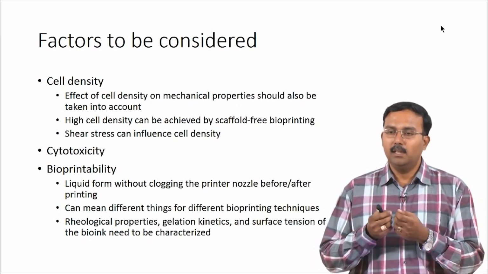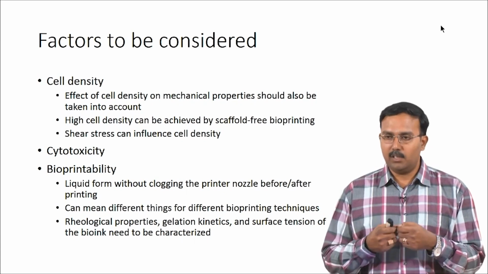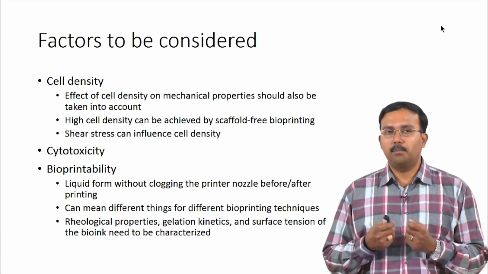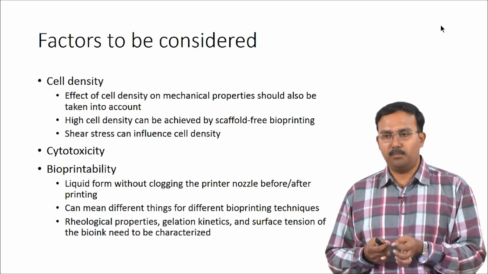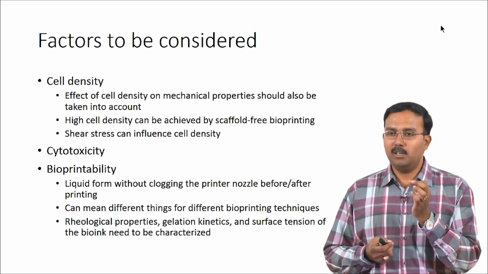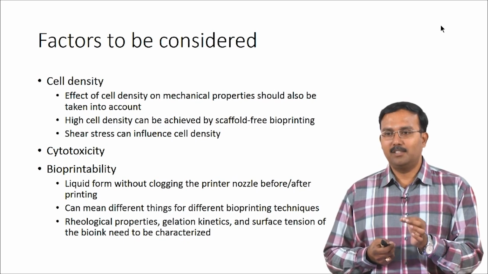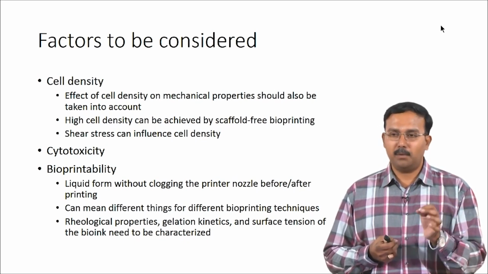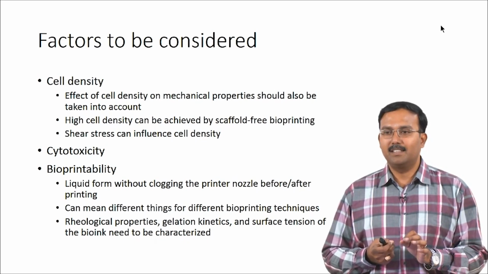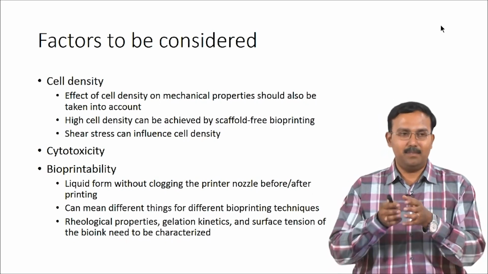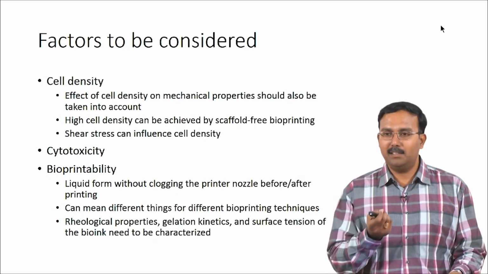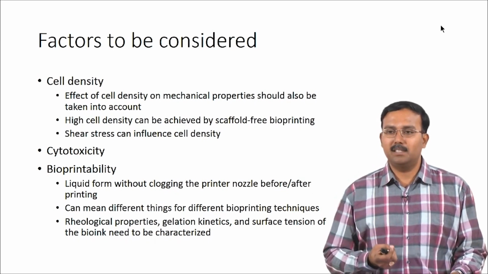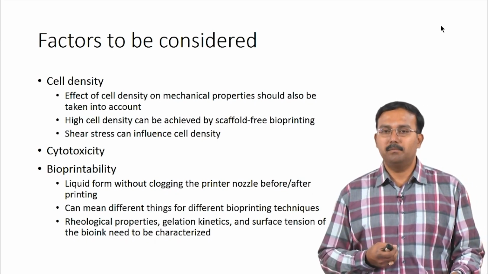You can look at using different materials for nozzles, but the problem usually is that if you want very high resolution of printing, the nozzle is going to be very small. Then clogging is a problem which you will face anyway. If you are looking at a larger diameter tube, then it is not a problem. If you are looking at micrometer kinds of diameters, then it can be a problem.